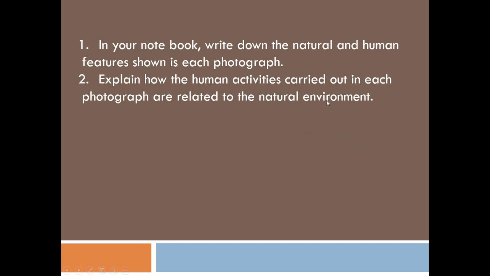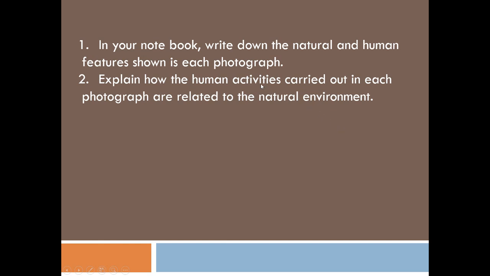For example, why don't we have stone quarrying in photograph 1? Why aren't we having bricklaying in photograph 2? In photograph 1 we have bricklaying, but it's not in photograph 2.